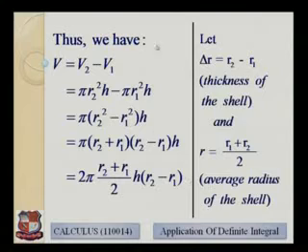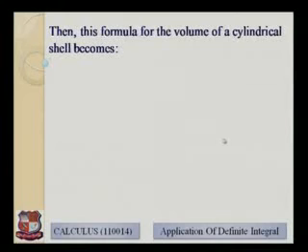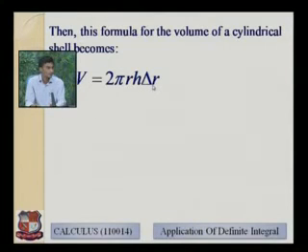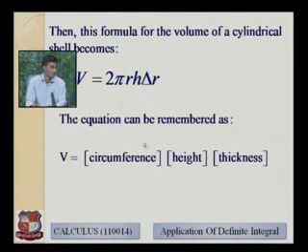So it is the average radius of the shell. So the formula will become, and the required volume will be 2 pi r h delta r, where r is the average radius, h is the height, and delta r is the thickness. But this formula can be remembered in this way, as it is a cylindrical shell. So 2 pi r is the circumference of a circle, and height and thickness, that is delta r, as we have done over here.